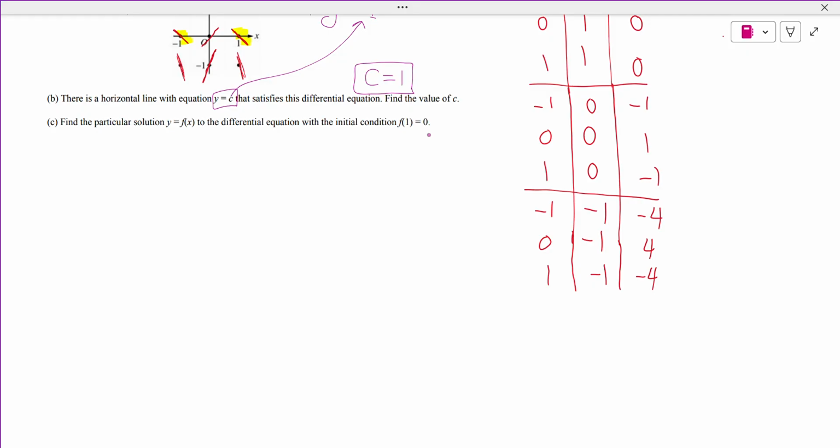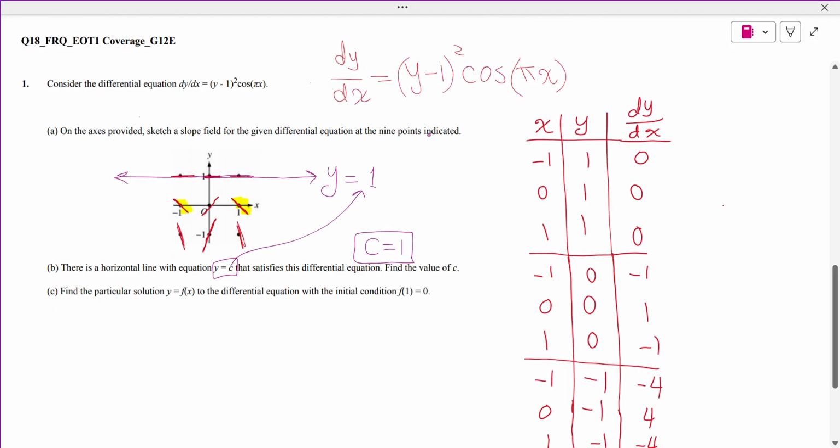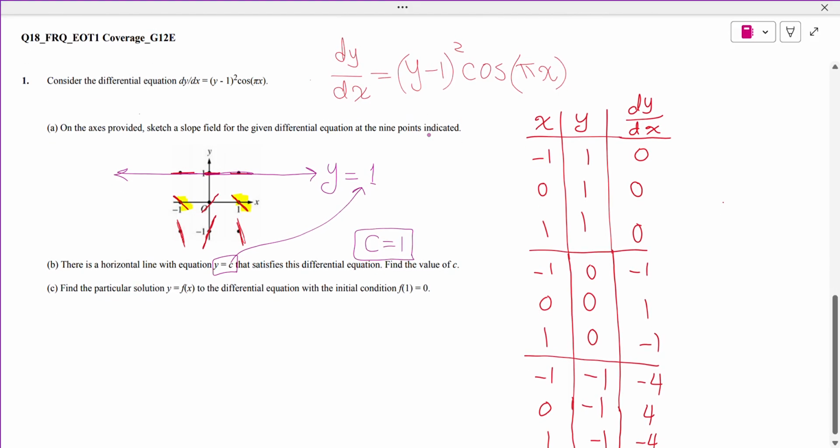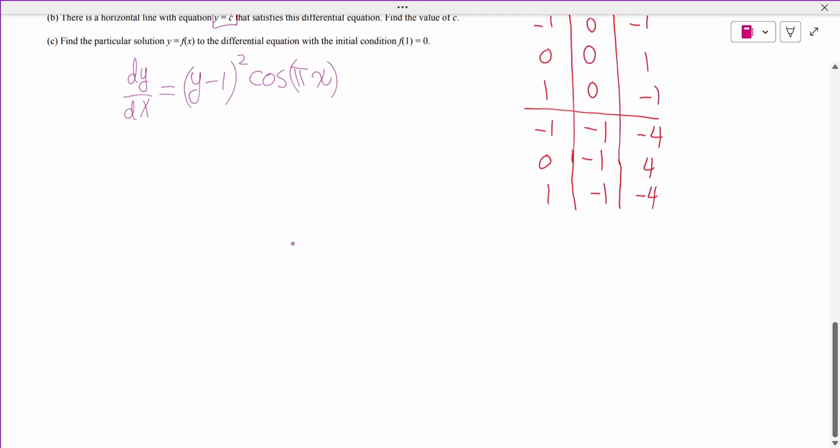So let's look back at the differential equation. We have dy over dx equals (y minus 1) squared times cos of pi x. We need to find the particular solution for this differential equation.